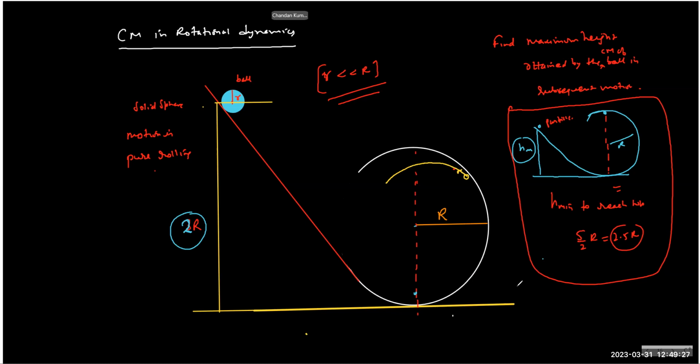Tell me. I got the answer, but I guess it's wrong. So first I did half mv square is 5/7 into 2mgR. If you move by theta, what is the loss in potential?